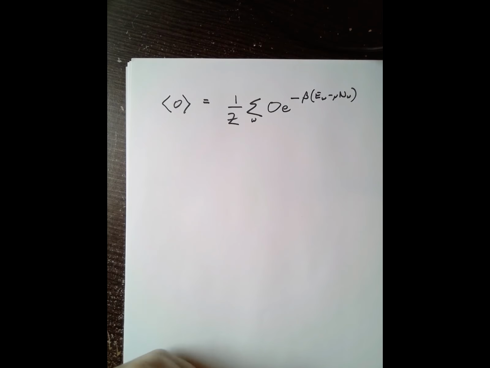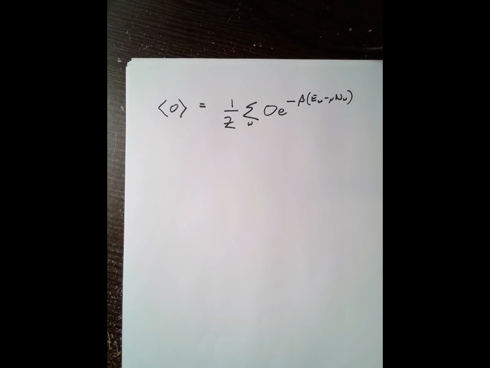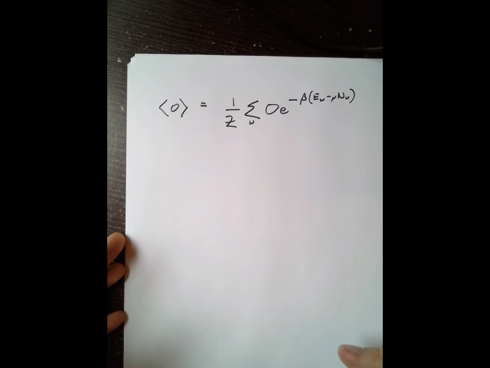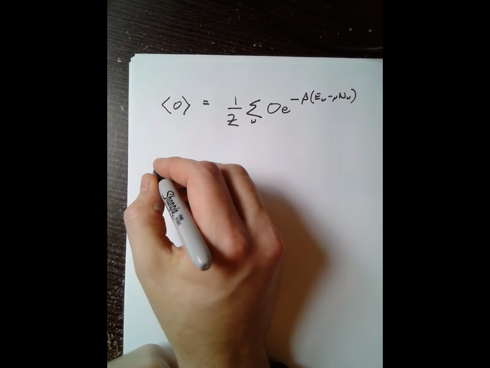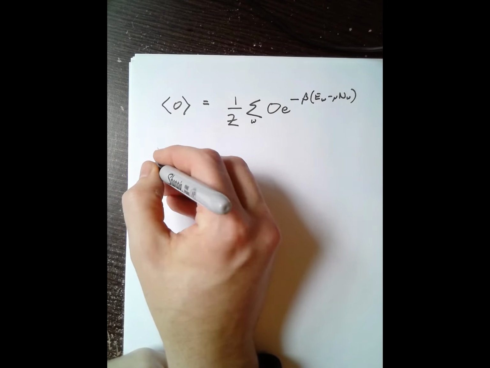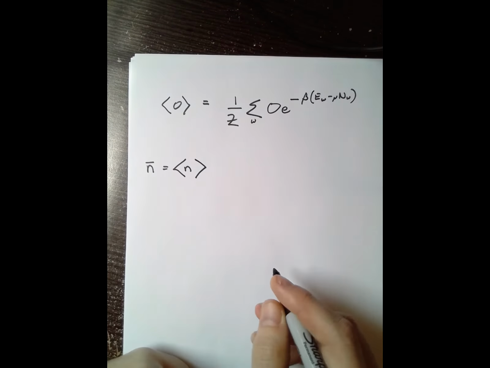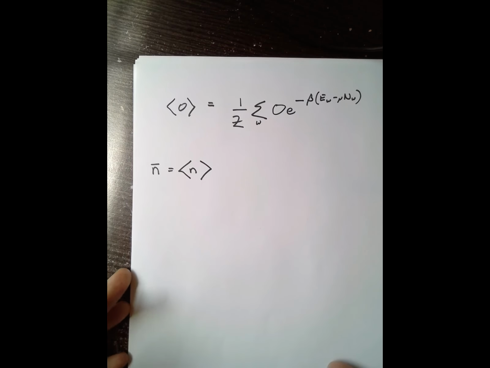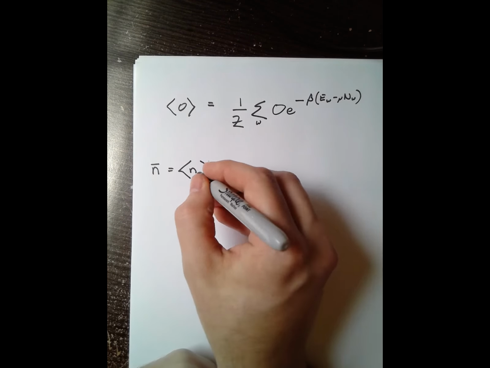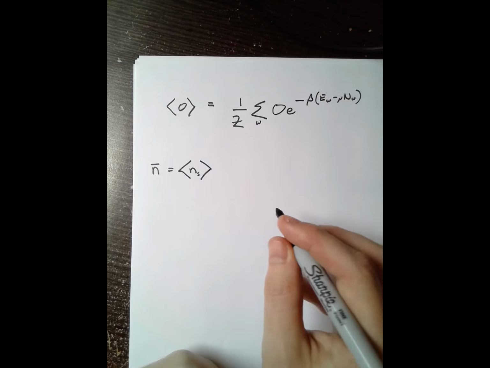So the distribution function is the average value of the occupations of each state. In other words, the distribution function, which we can call n bar, is just the average value of all these little n's for a particular state.